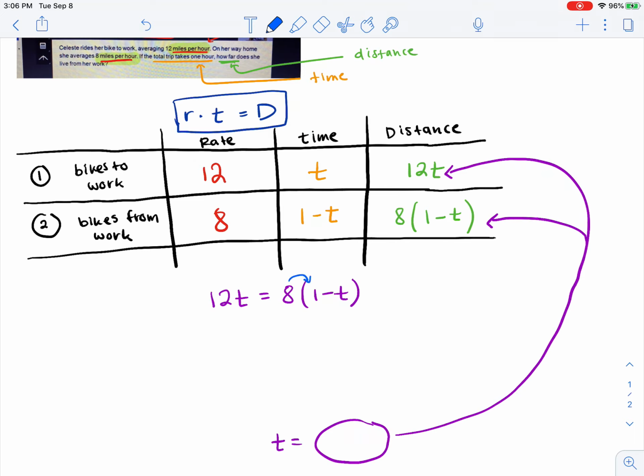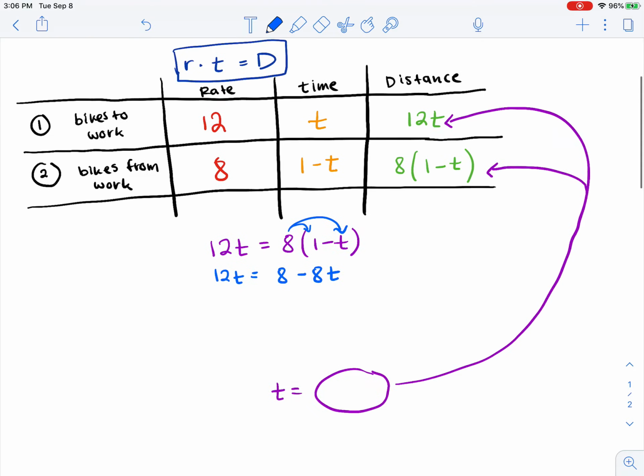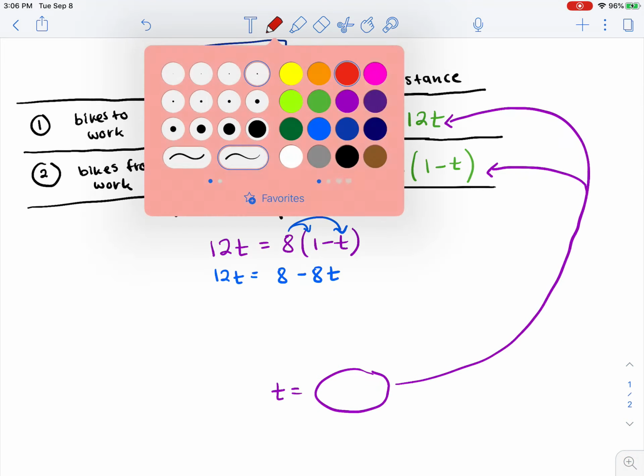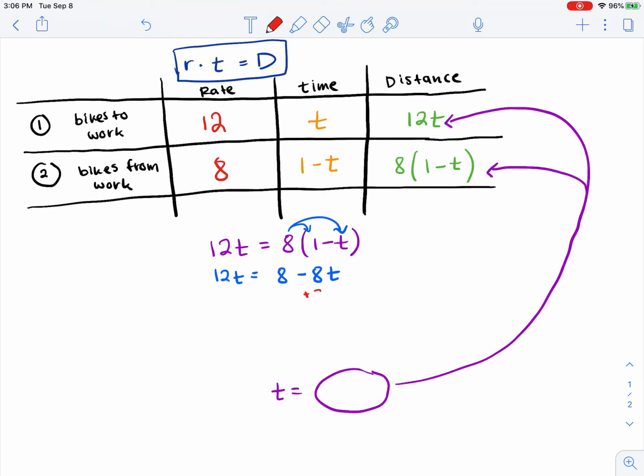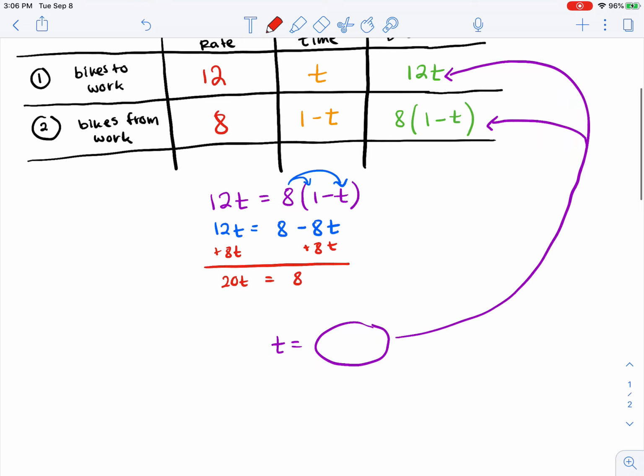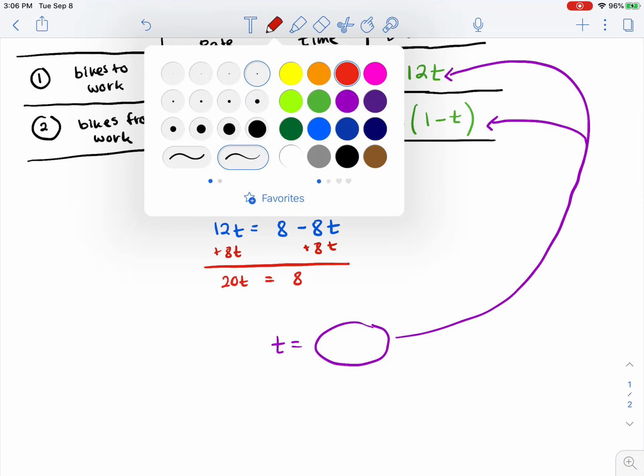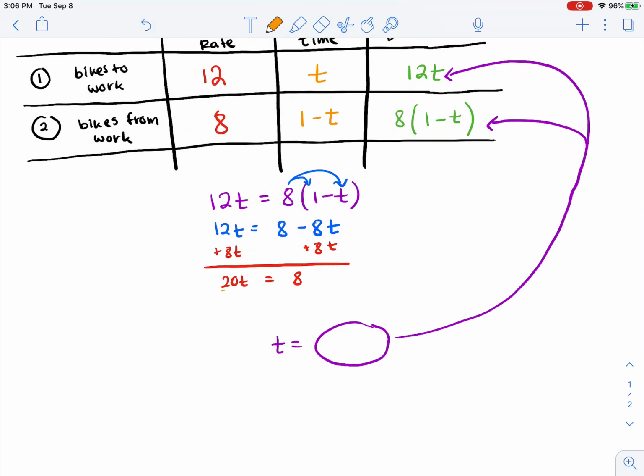First, I'm going to use the distributive property so I can simplify the right side. And then I'm going to isolate t and make sure my variable t is all on one side of the equation. So I'm going to add 8t to both sides. Then I have 20t is equal to 8. Then I'm going to divide by 20.